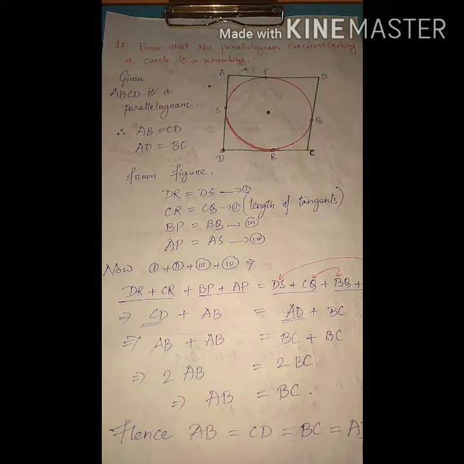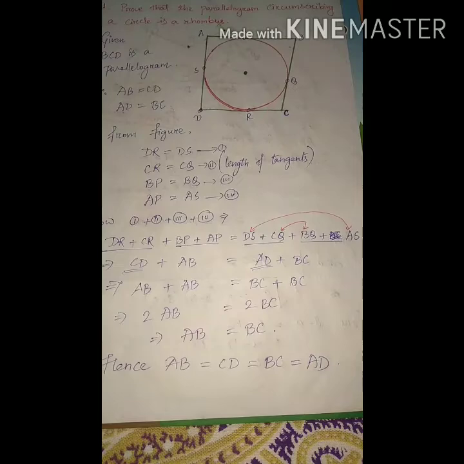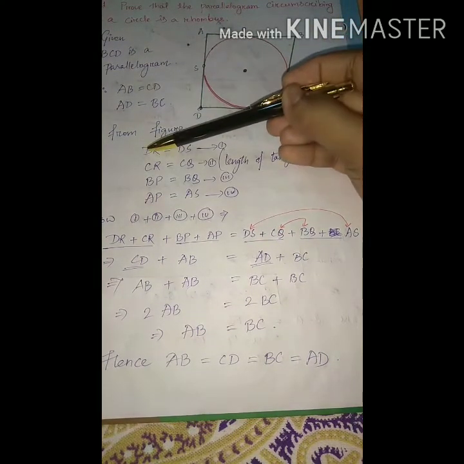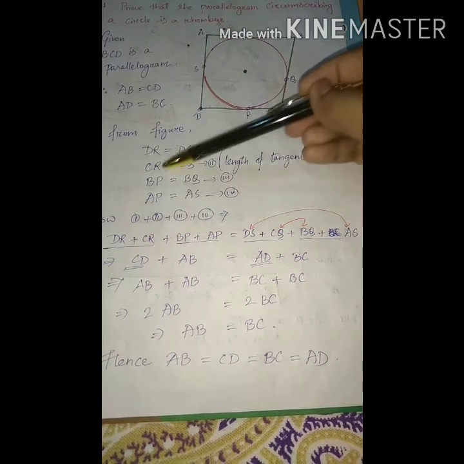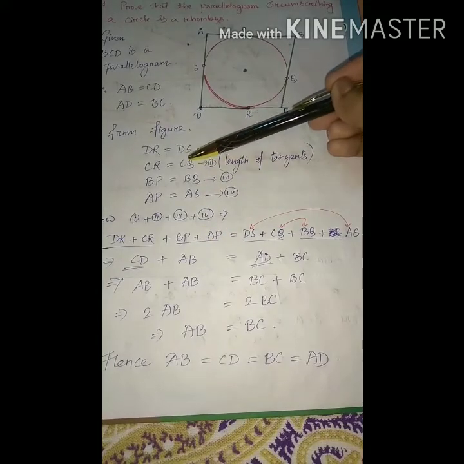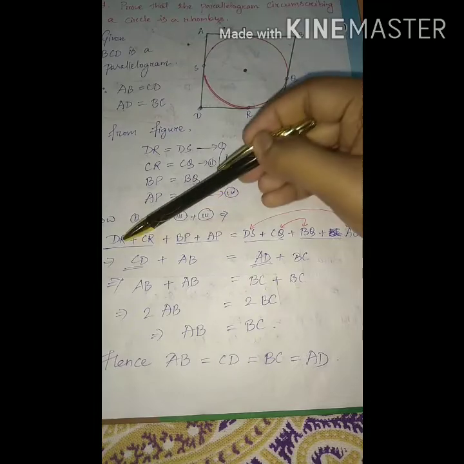So after putting these 4 equations, we have to add them. If you add, we get DR plus CR, similarly BP plus AP, and on the right-hand side DS plus CQ plus BQ plus AS. Why do we write it this way?